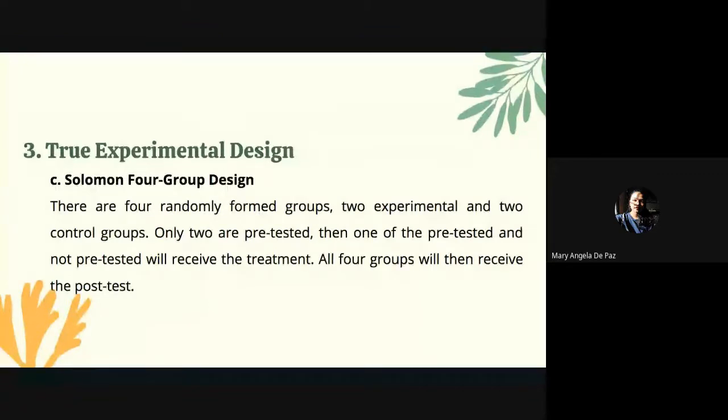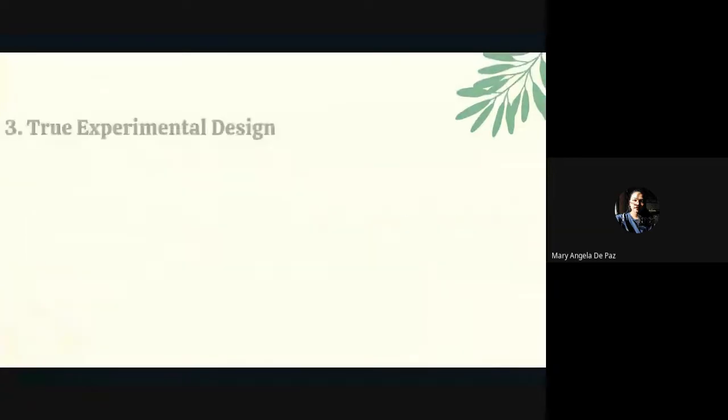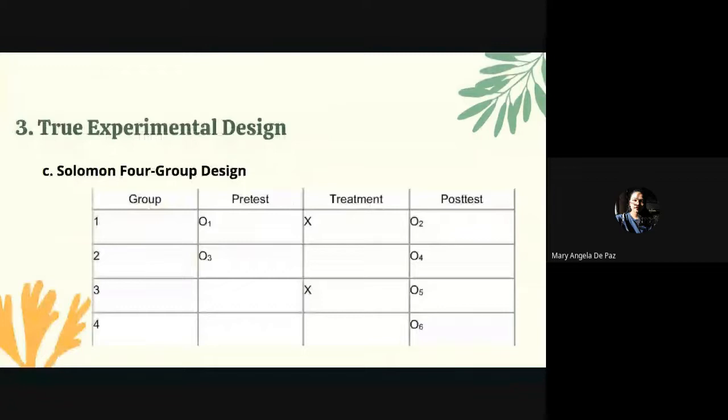So as you can see in the table in the next slide, the result of the process will demonstrate the effects of the independent variable on the dependent variable. This design is a combination of the two aforementioned designs and will eliminate potential sources of error.